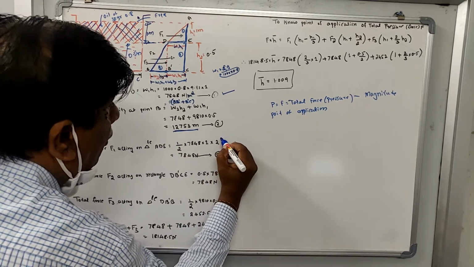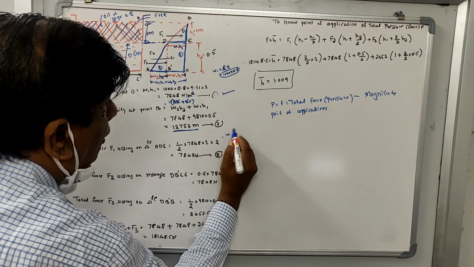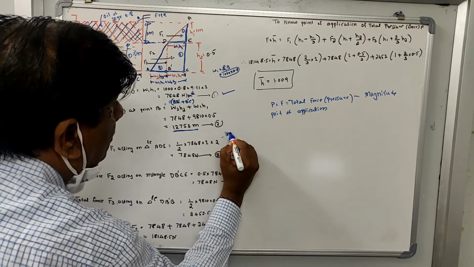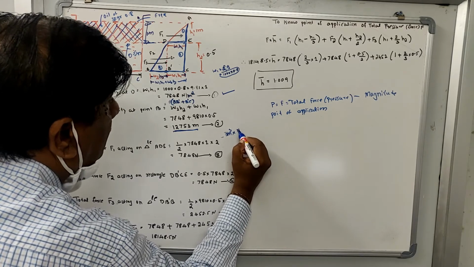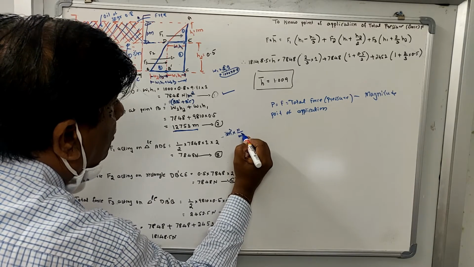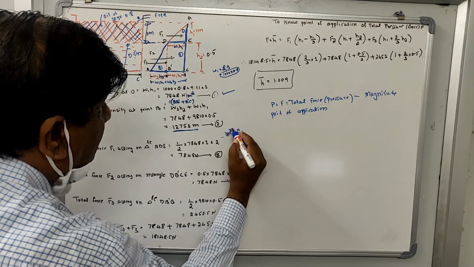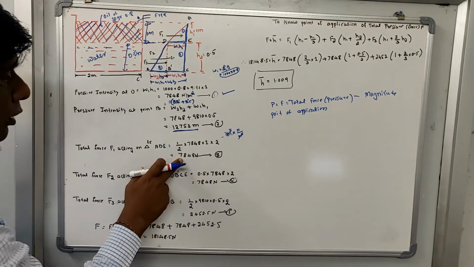This is volume in meter cube, and the unit weight of oil is Newton per meter cube. So this meter cube cancels, and you get the total force.